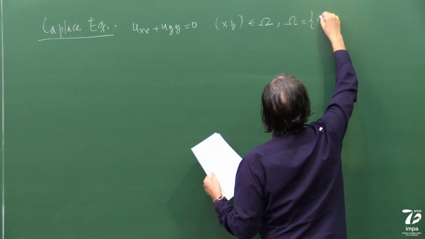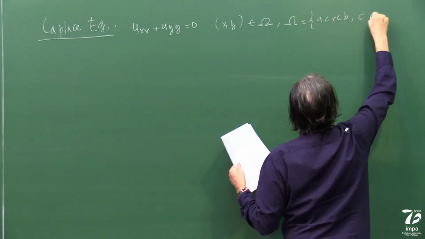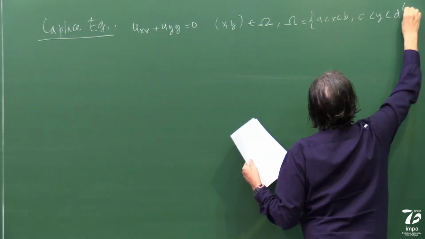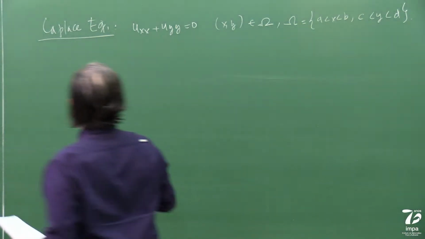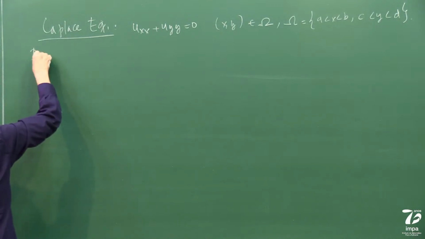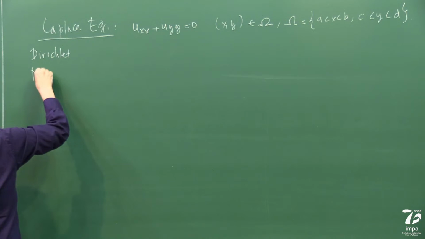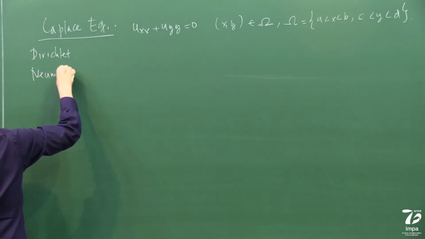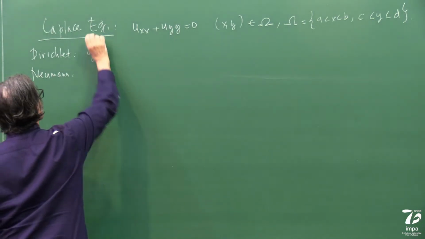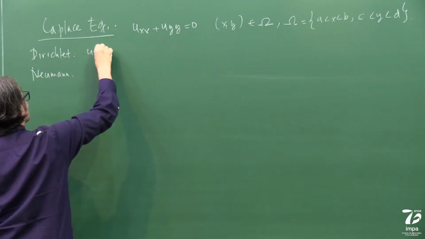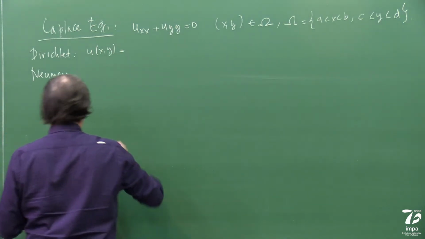So let's say we are in this rectangle, and we might want to solve numerically the Dirichlet problem or the Neumann problem. So here, the boundary condition I'm going to use for the Dirichlet problem is g.